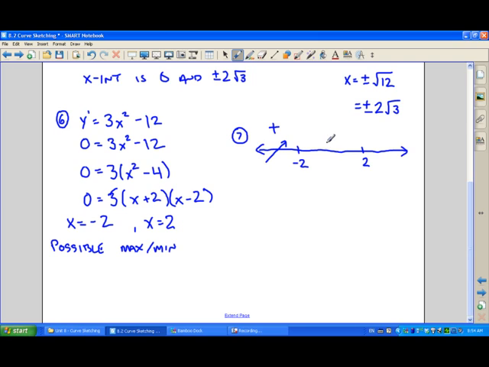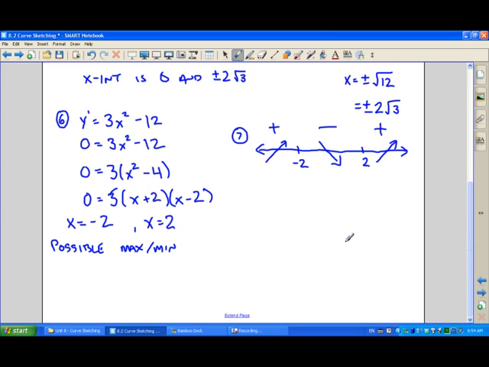If I pick a number like 0, between negative 2 and positive 2, and I sub it in, I get a positive times a positive times a negative. I get something that's negative overall. So my function is decreasing between negative 2 and positive 2. And then if I sub in a value greater than 2, like positive 3, I get a positive times a positive times a positive, which is positive overall, which is increasing.